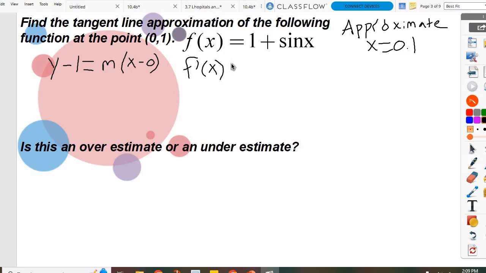The derivative of 1 is 0. Derivative of sine is cosine. And we are specifically wanting the derivative at our original a value. So this x value is acting as my a value. So we're wanting to plug in 0. What is cosine of 0?